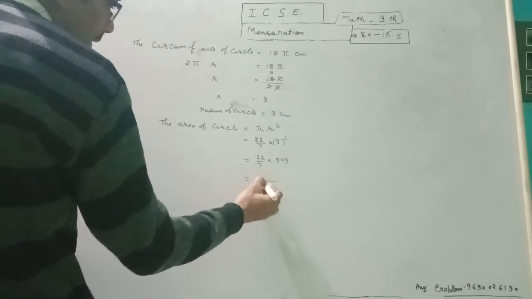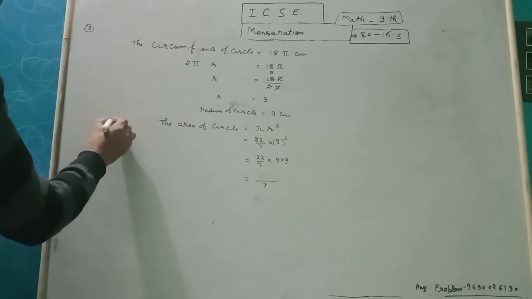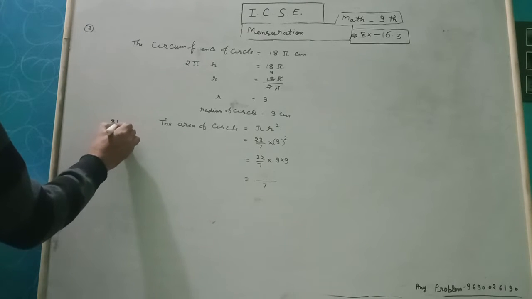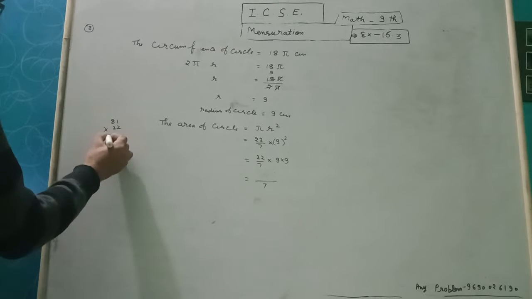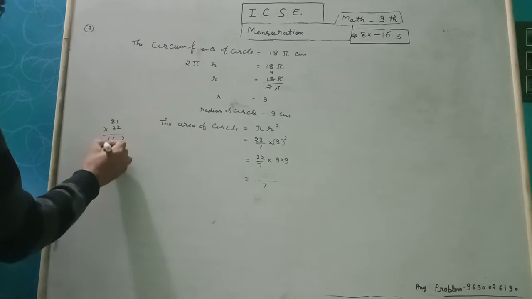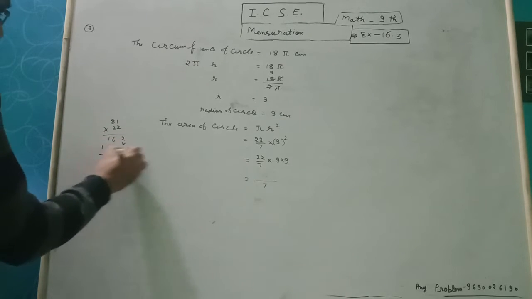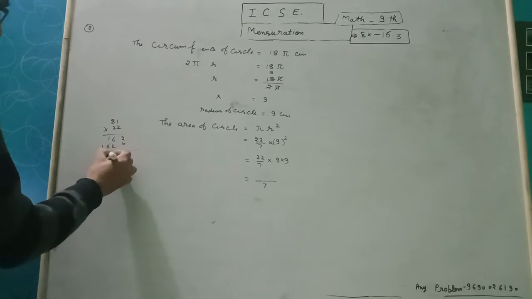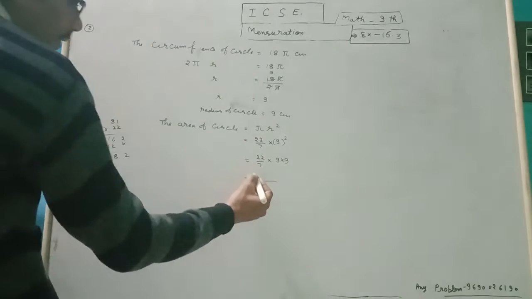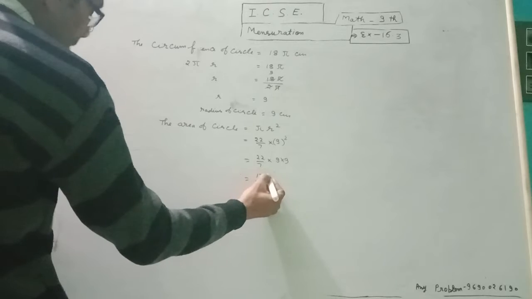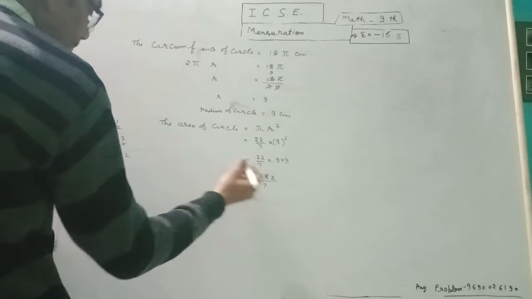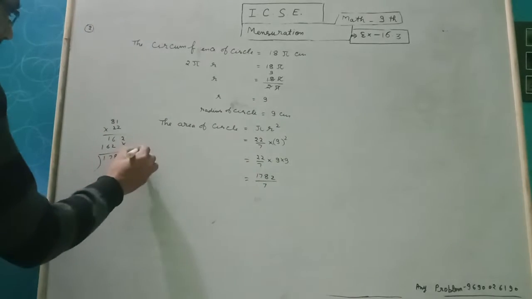After multiplying, 81 times 22 gives 1782, divide by 7.